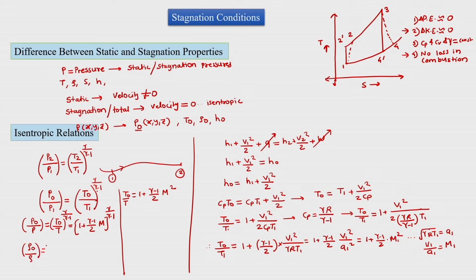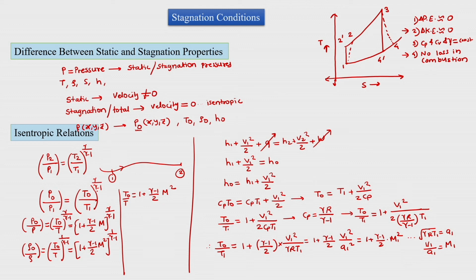Similarly, rho naught by rho is equal to (T naught by T) raised to 1 upon gamma minus 1, which is again (1 plus (gamma minus 1)/2 M square) raised to 1 upon gamma minus 1.